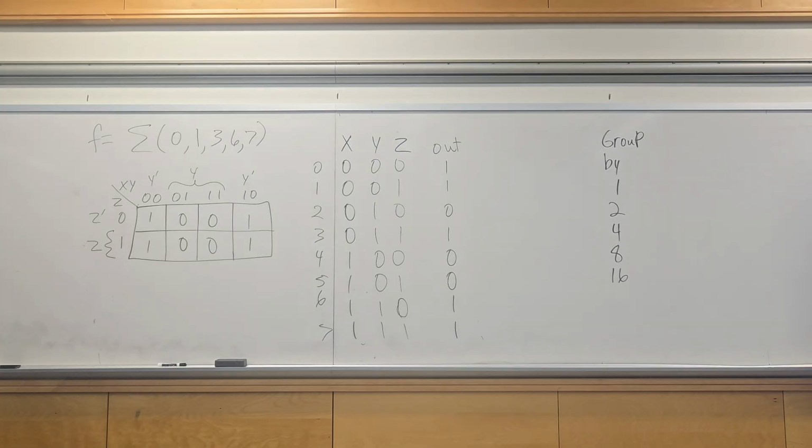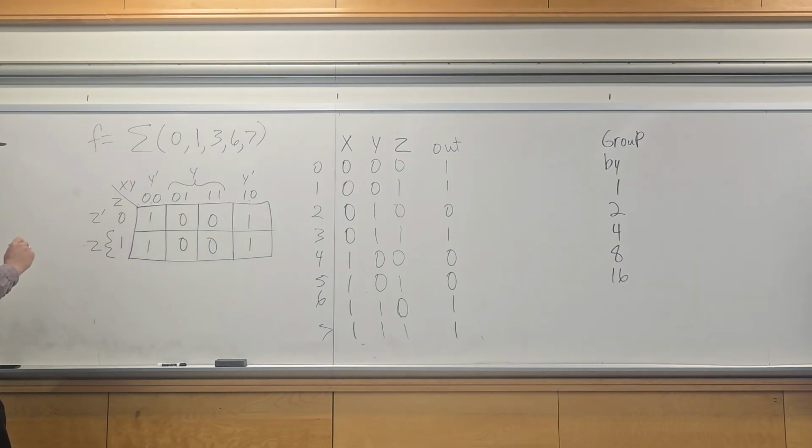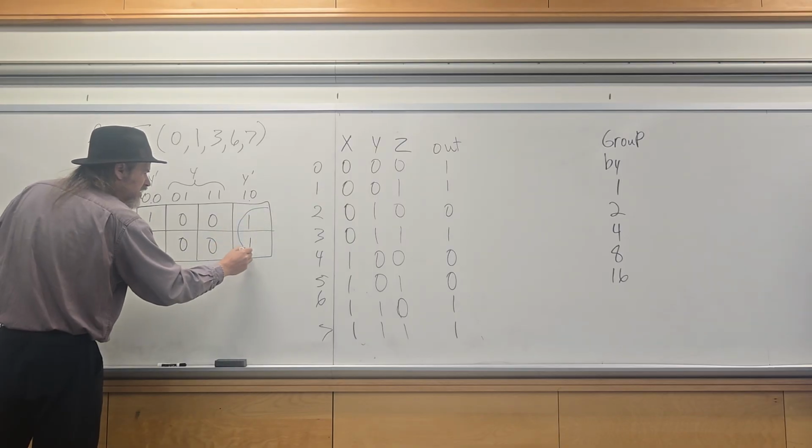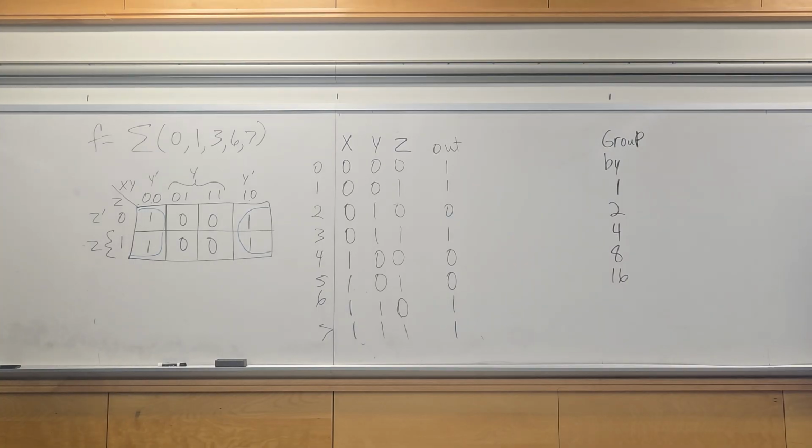Now this poses an interesting situation. While it looks like two groups of 2, there's actually a group of 4, because there's only one bit difference between this column and this column. These can wrap around, making a group of 4. You want the larger groups. That reduces the number of literals in the term.